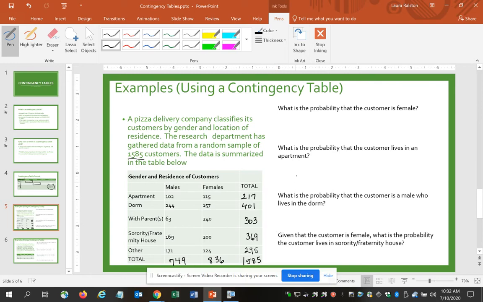Okay, so the first question seems relatively simple. What is the probability that the customer is female? So if you'll remember a little bit about probability, that means we want to look at the probability that they're female, and I just need how many females were in the survey.